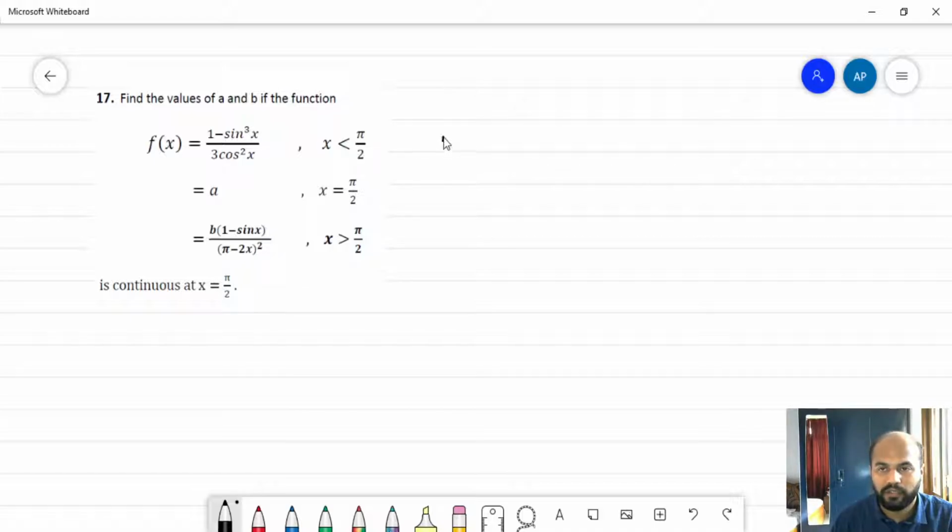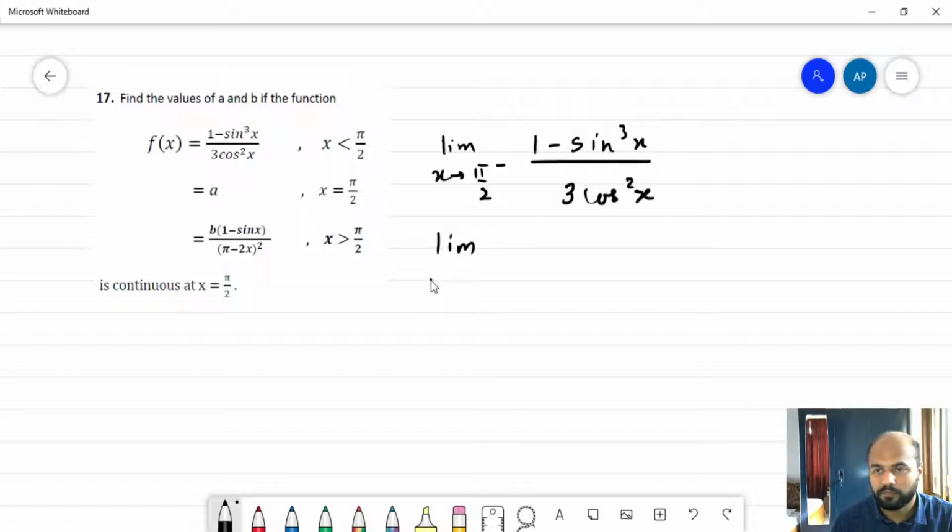So the LHL would be limit x tending to pi by 2 from the negative side, from the left hand side. And it is defined as 1 minus sine cube x divided by 3 cos square x. Next, what I'm going to do is limit h tending to 0, and I'm going to put pi by 2 minus h as x.